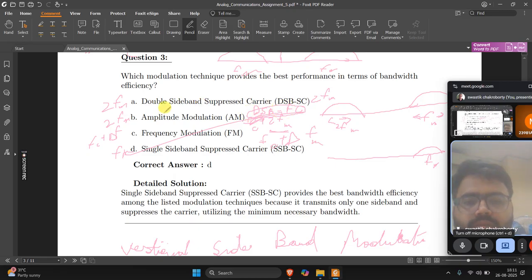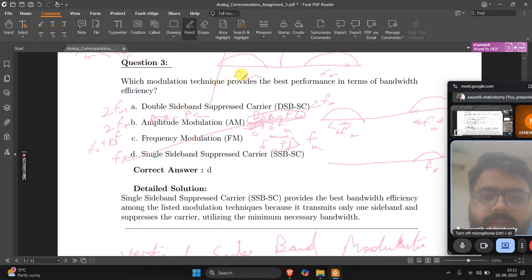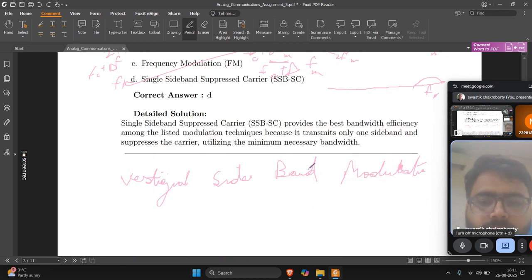This is another name for amplitude modulation. So if you suppress the carrier of DSB-FC, you get DSB-SC, and if you suppress another sideband, you get SSB-SC. And another is vestigial sideband.